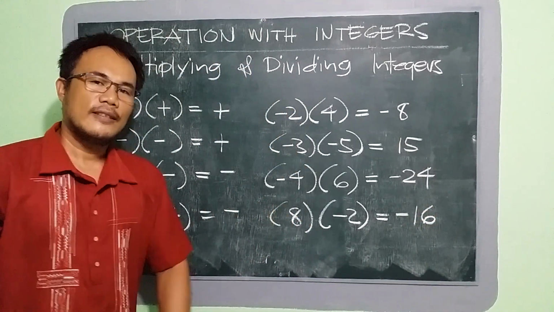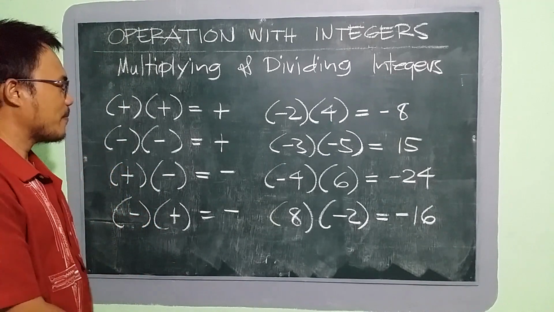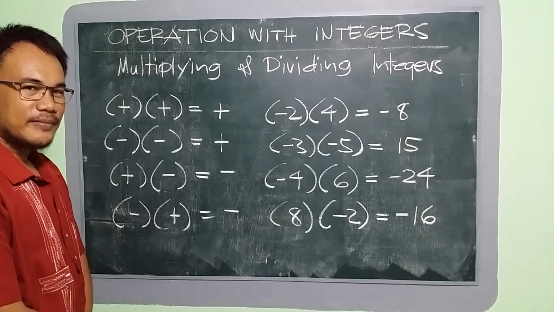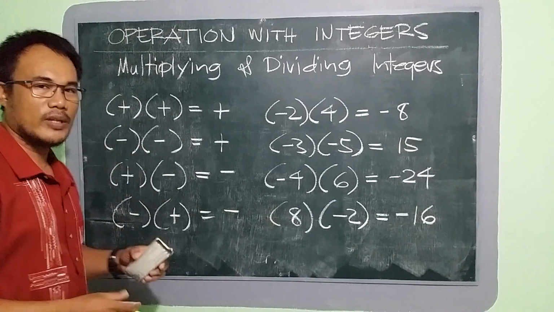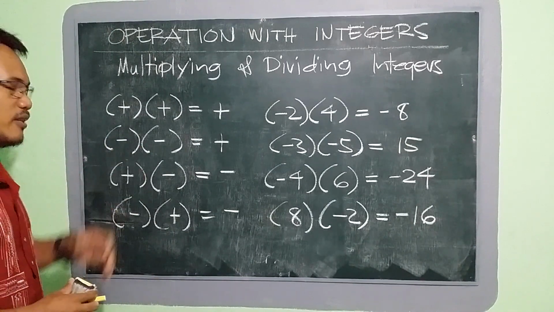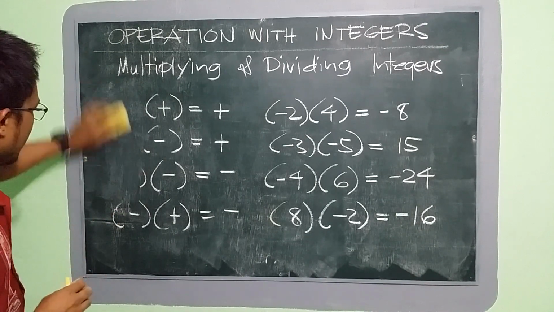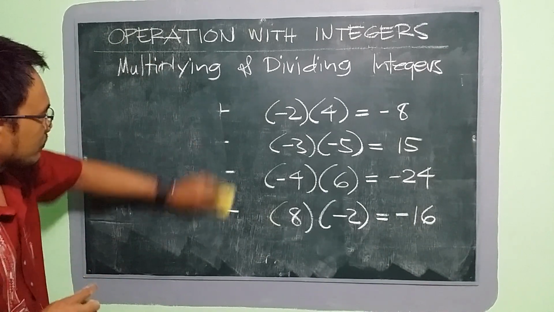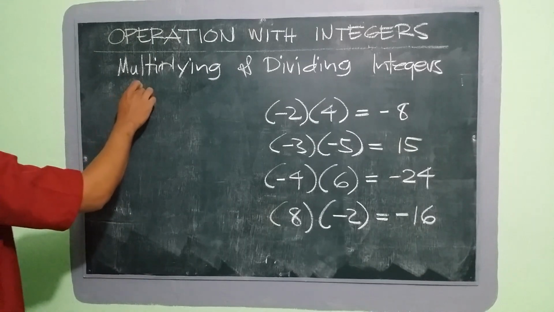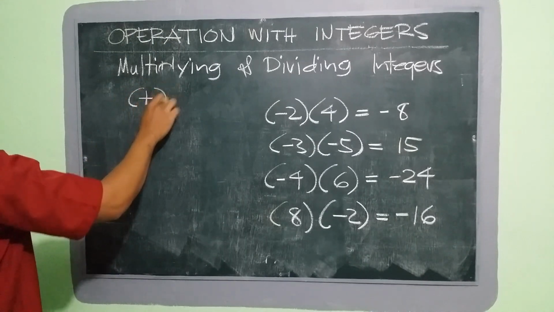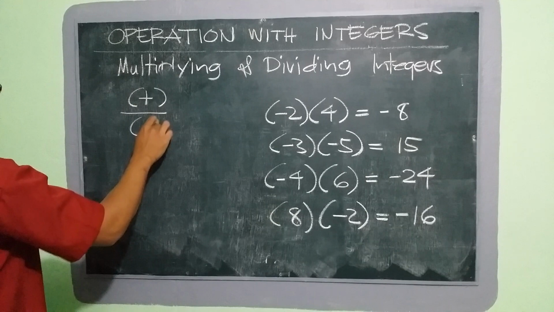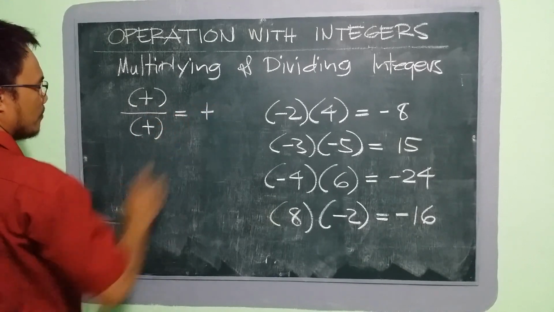Now, how about dividing integers? The rule is almost the same as multiplying integers. Okay, the rules are, let me erase this one. If you have a positive number divided by a positive number, the result is positive.